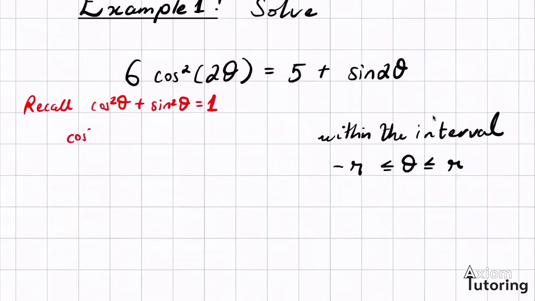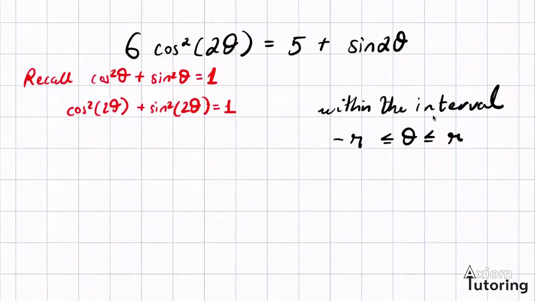So cos squared 2 theta plus sine squared 2 theta also equals 1. Now, if we rearrange to make cos squared 2 theta the subject, we can write that as cos squared 2 theta equals 1 minus sine squared 2 theta. So I'm moving that sine squared 2 theta onto the left-hand side.